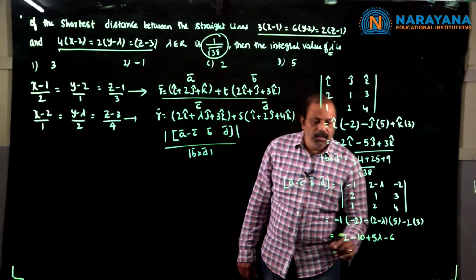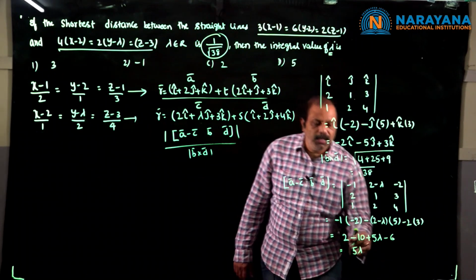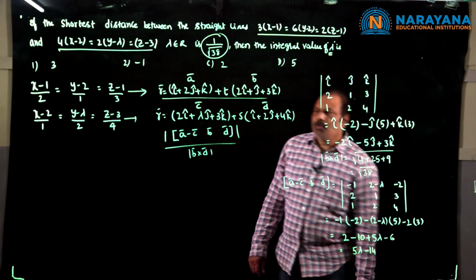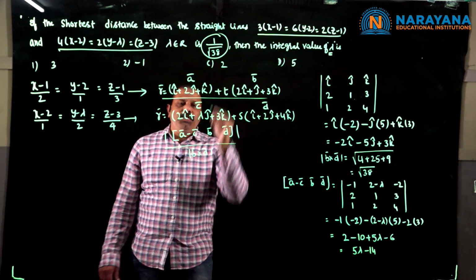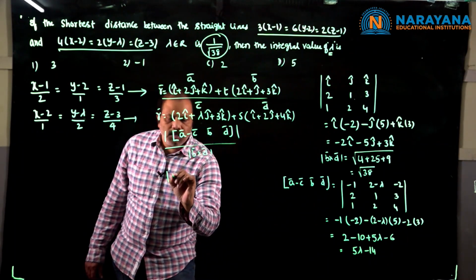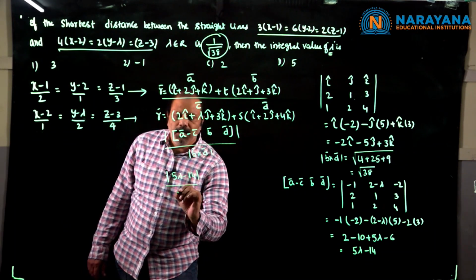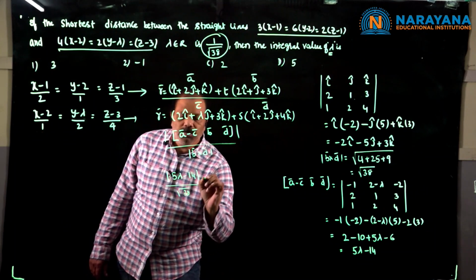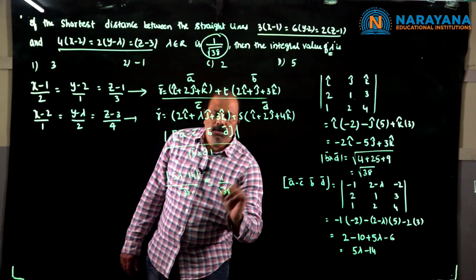This is nothing but 5λ minus 14. So, therefore, the shortest distance is given as 1 by root 38. Therefore, modulus of 5λ minus 14 by root over 38 is equal to 1 by root 38.